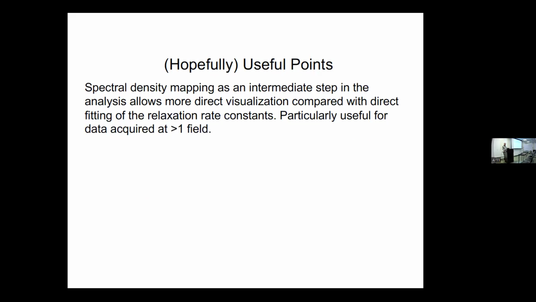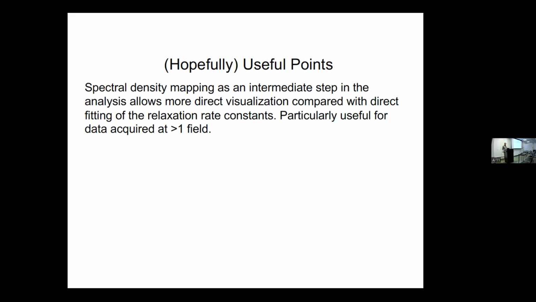I don't know if I said anything about spectral density mapping. When analyzing the rate constants, as we saw, the rate constants are all linear combinations of spectral densities. And then we have the model-free formalism or other ways of analyzing the rates.